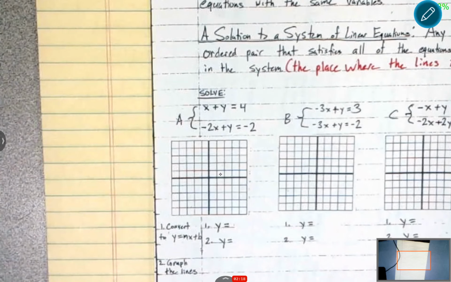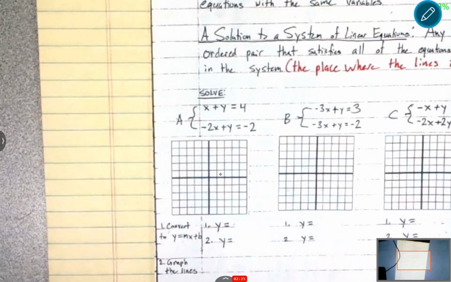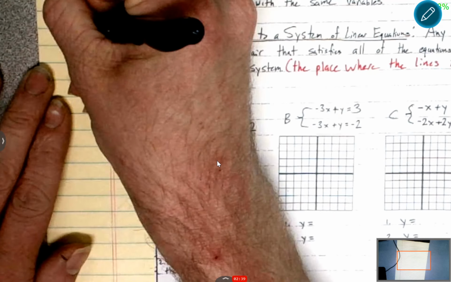Okay, so with system of equations A, I have x plus y equals 4 and negative 2x plus y equals negative 2. Can I graph these equations as they are right now? No. What do I need to do? Put them into slope-intercept form.